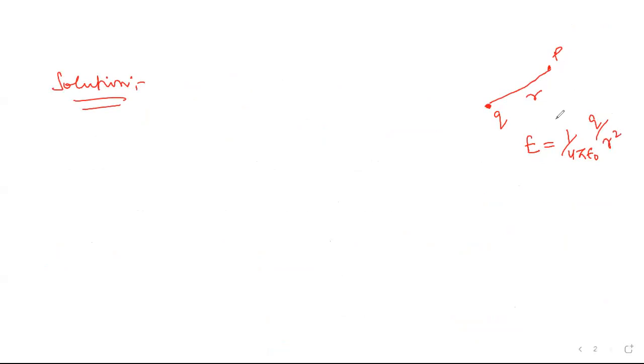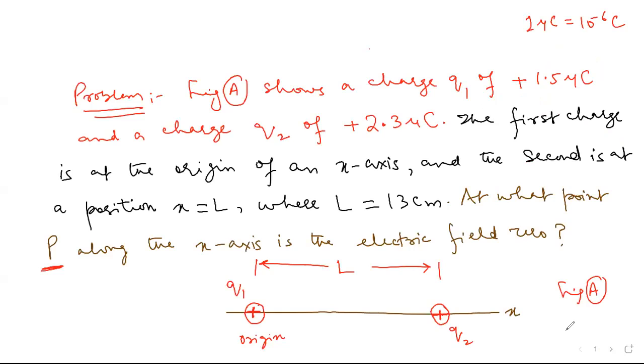You know that. And direction of the field is outward if this Q is positive. And if Q is negative, direction of the electric field is radially inward. You know that much. Now let us move to this situation.